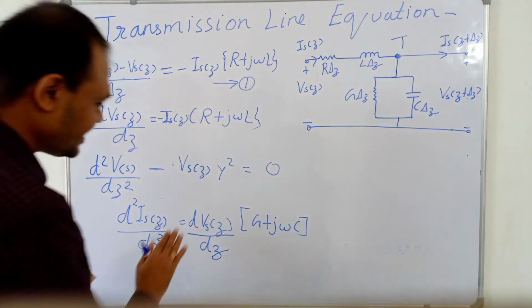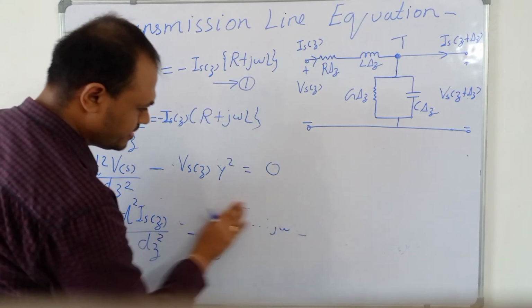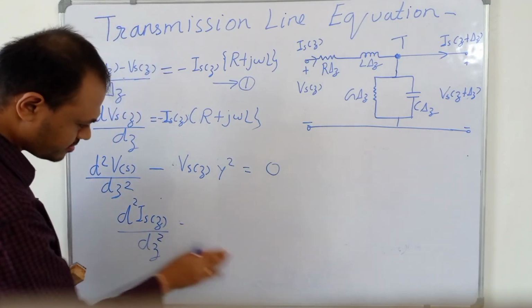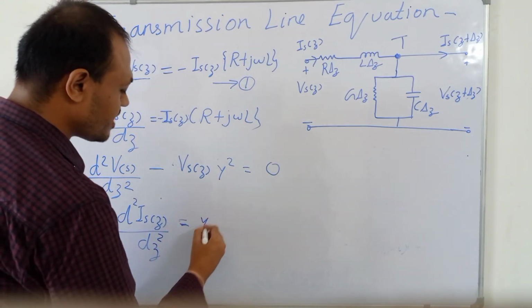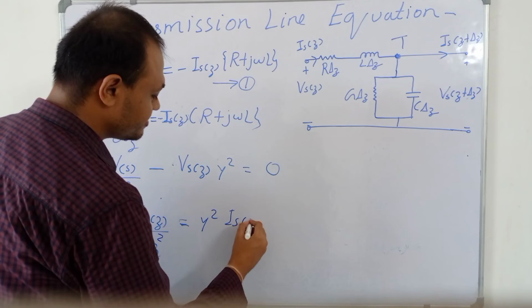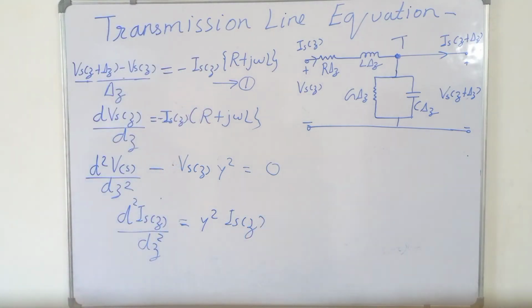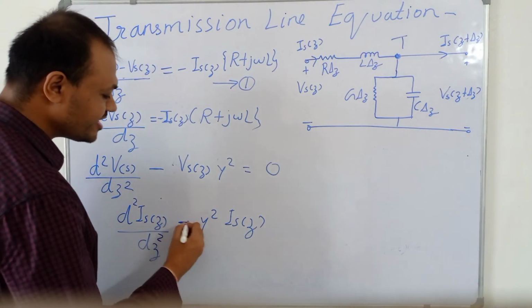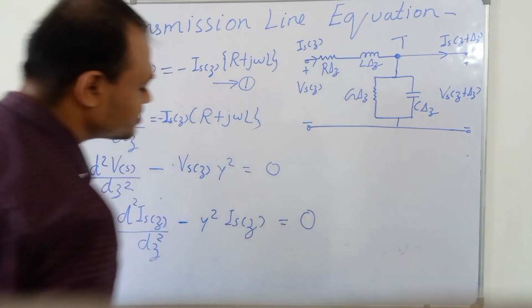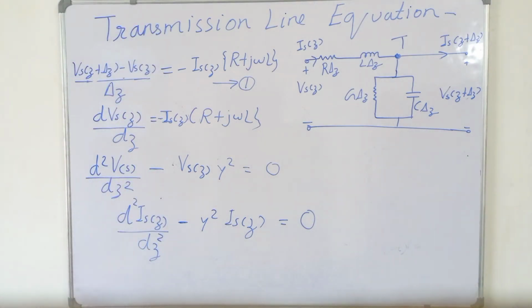So we get d square Is of z upon dz square is equal to gamma square Is of z, or if we take it on the left hand side, then it will give d square Is of z upon dz square minus gamma square Is of z is equal to 0. So these both are the equations for the transmission line.